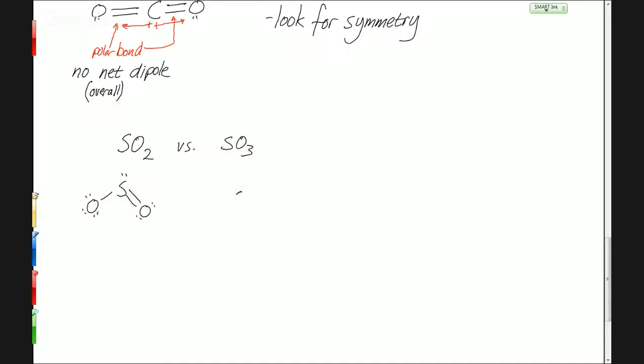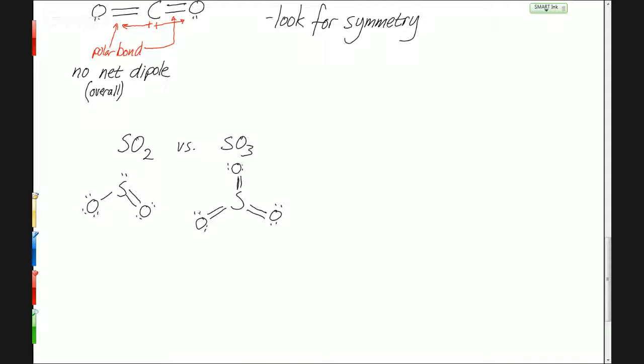And SO3 looks like this. There's a couple different ways to draw this, but we'll do it like this. Now, they're made of the same kind of bonds, right? They're both made of S-O bonds.